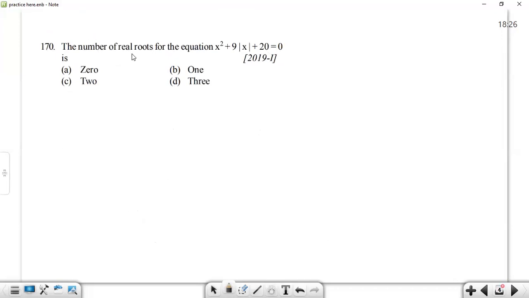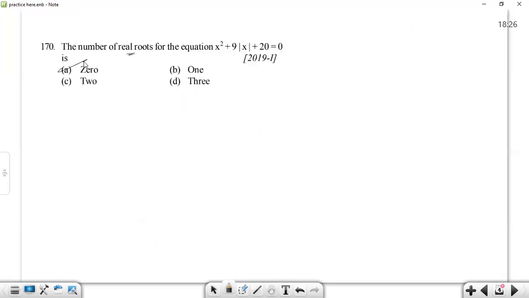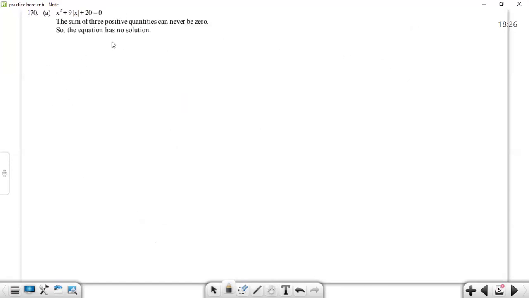So how many real roots will there be? Positive, positive, positive. Zero. Okay. The sum of three positive quantities can never, ever be 0. So the equation has no solution.